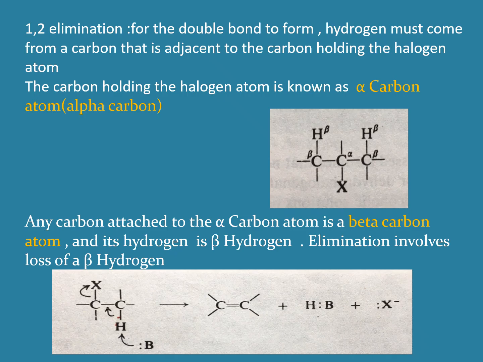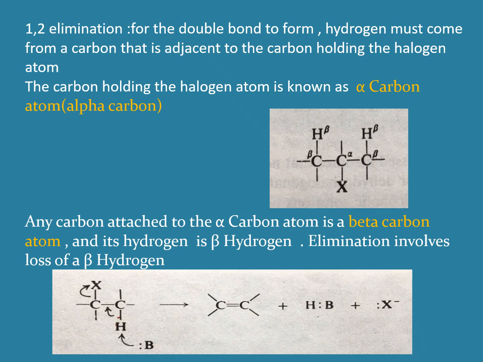If the hydrogen atom is lost from the neighboring carbon atom of the carbon atom which holds the halogen atom, then only this reaction will happen, and the carbon atom holding the halogen atom is known as the alpha carbon atom.